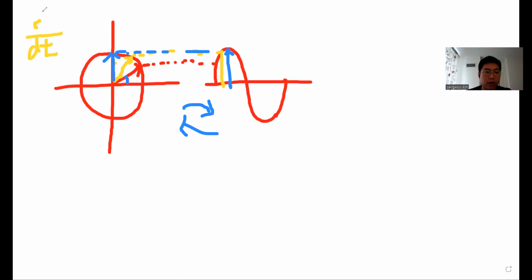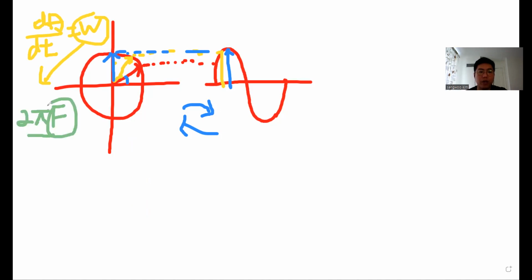Time goes by, the angles are changing. So we say omega. Omega means angular velocity. We could explain it as 2 pi f, right? So that's why it is frequency. That's why I'm saying this is the frequency domain.